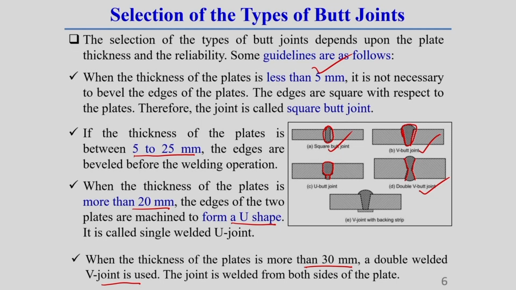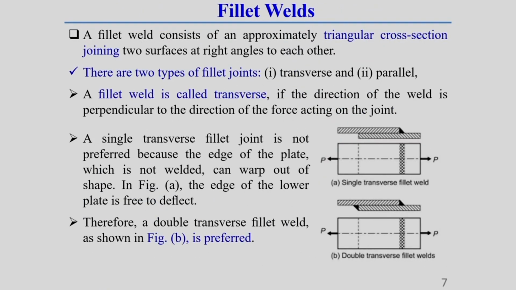This joint is generally welded from both sides of the plate, that means from the top side as well as from the bottom side. Okay. So, you should keep these things in mind, because this is the procedure which we should follow during the welding operation.